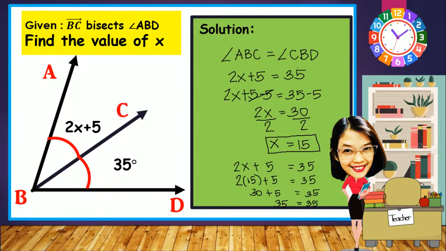Since they are both 35, then the measure of angle ABD is what? What could be the total measure of angle ABD?